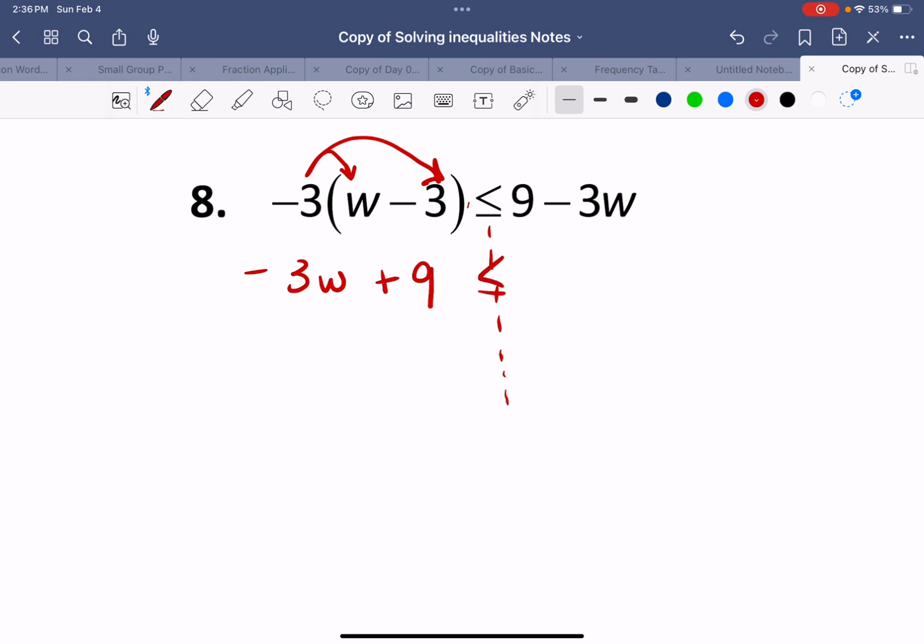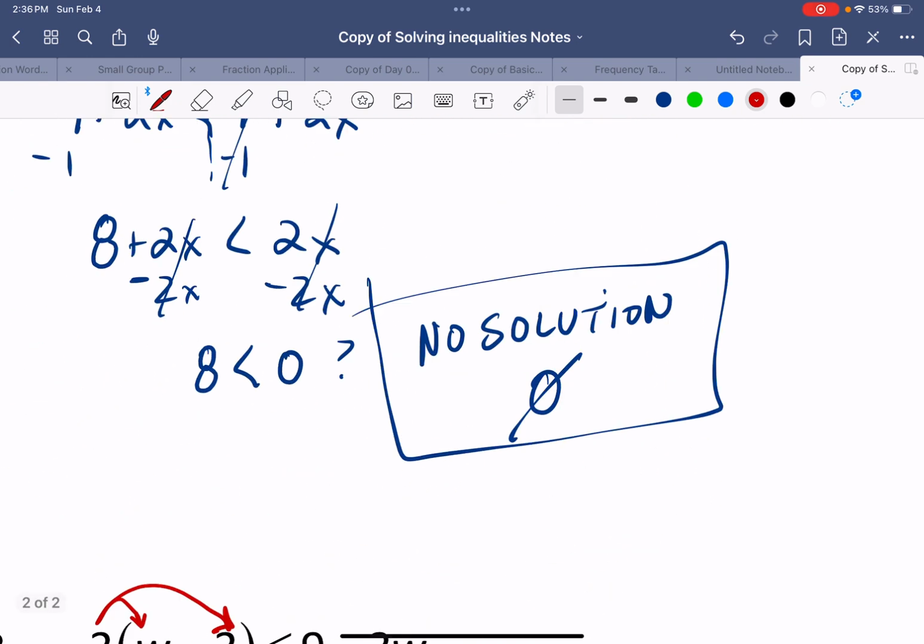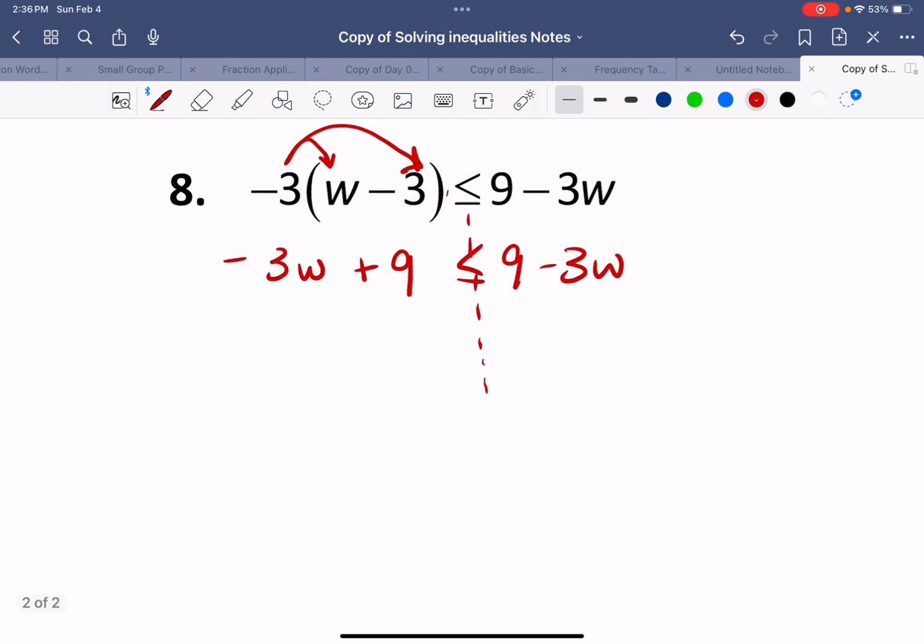And I have this. I'm just going to carry down. Now I'm going to do negative 9. Oh, huh. Look at that. These become 0, and I'm left with negative 3 is less than or equal to negative 3w, like this.